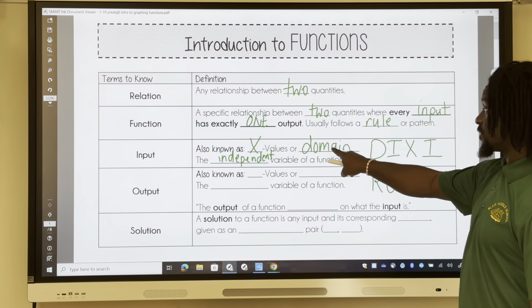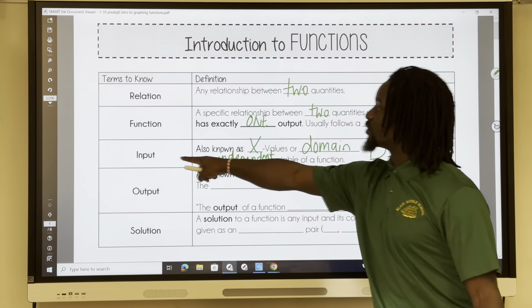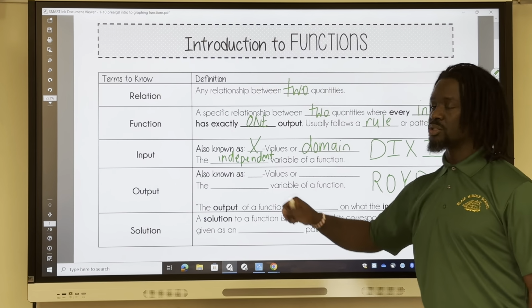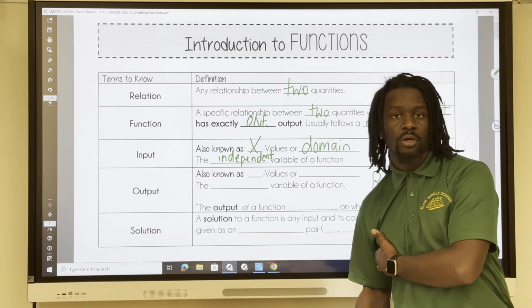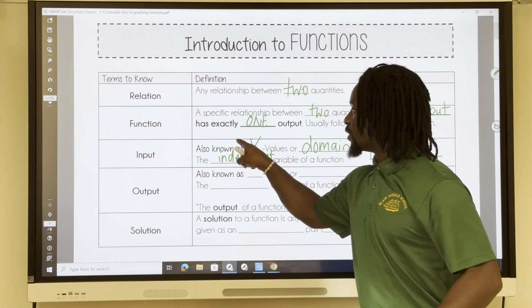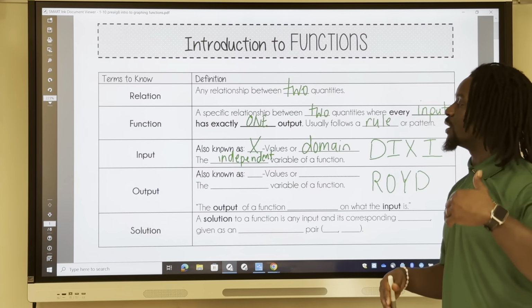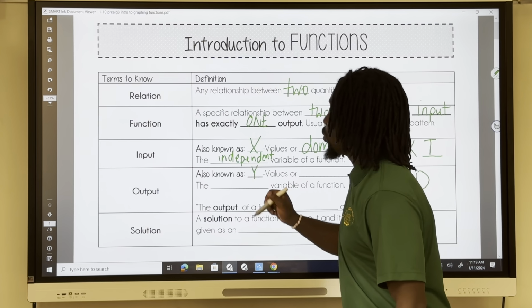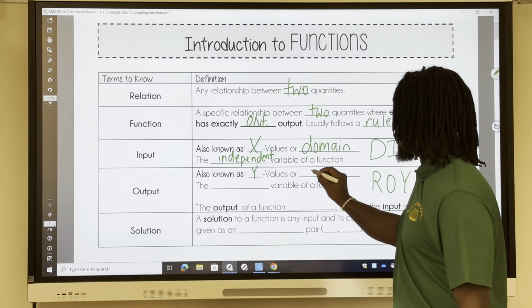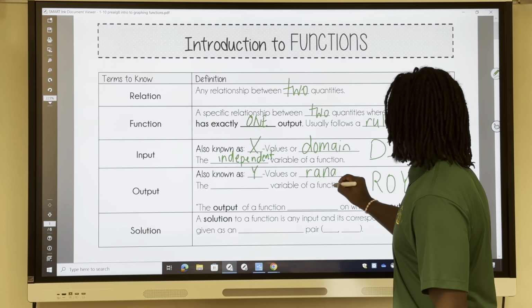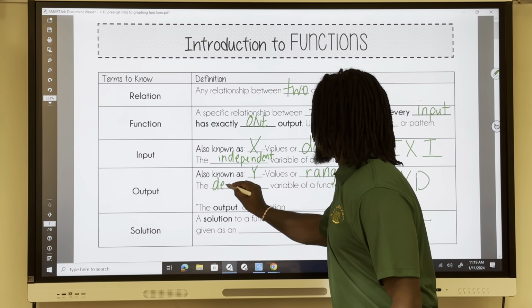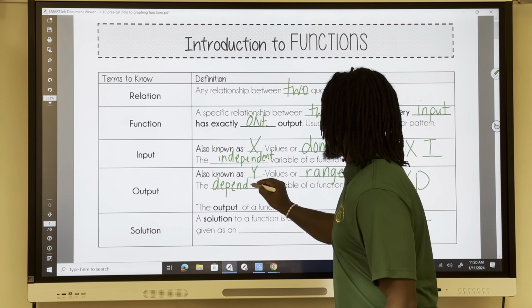The D stands for domain. The I stands for input. The X stands for the x values. The I also stands for the independent variable. Those are all the terms for input. Well, what are the terms for output? It is also known as the y values or the range, and it can also be referred to as the dependent variable.